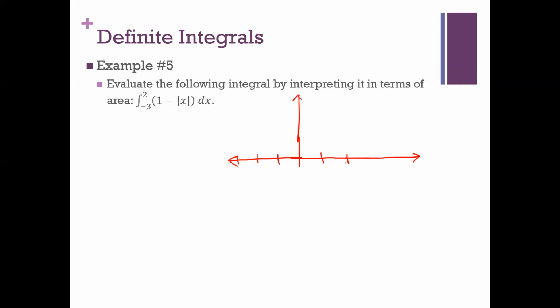So this one, I want to find the area underneath this function over what interval, like what x values do I care about? -3 to 2. So I want to graph this function, 1 minus the absolute value of x.